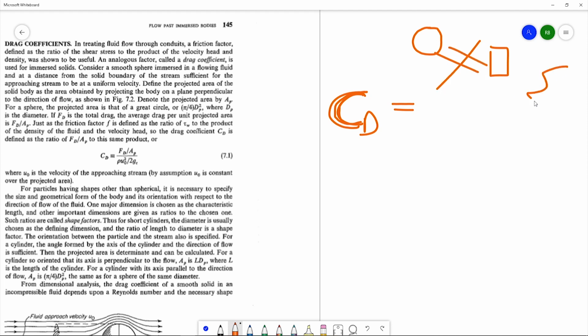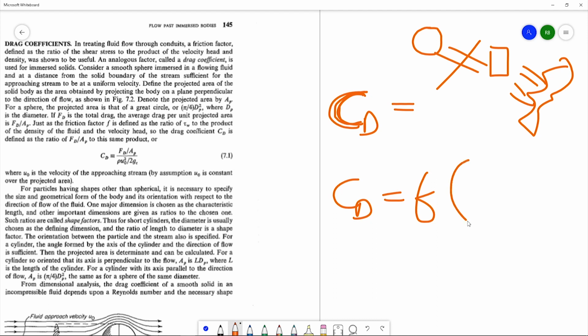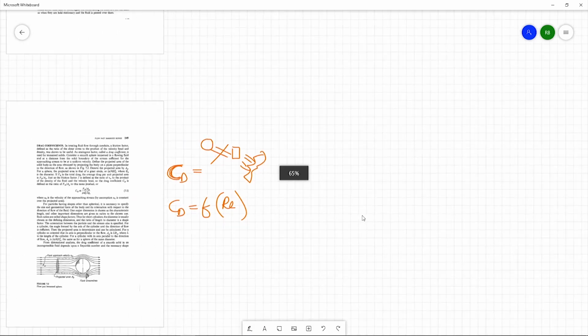If I have a particle of irregular shape, then you cannot predict the drag coefficient using formulas. You have to do experiments. Generally the drag coefficient depends upon the Reynolds number. We'll see in a bit.